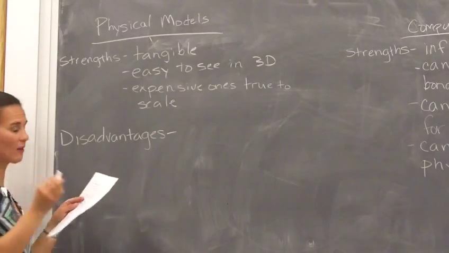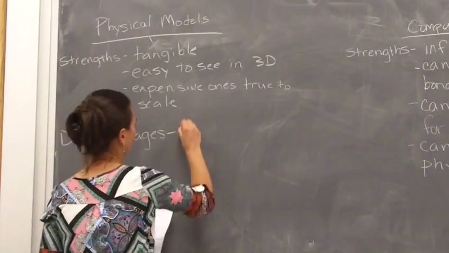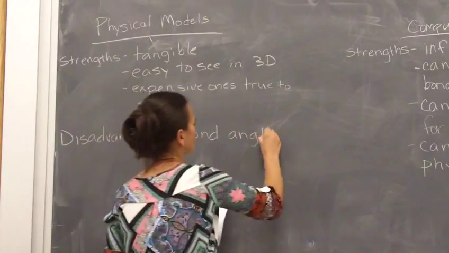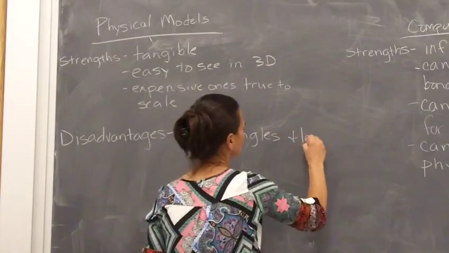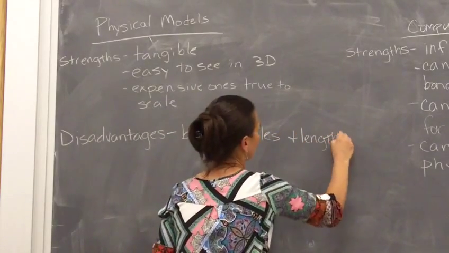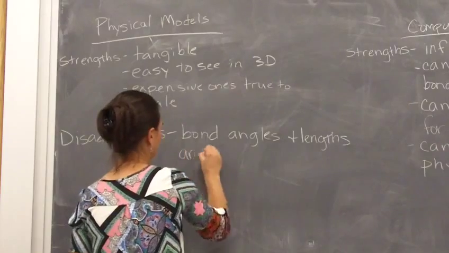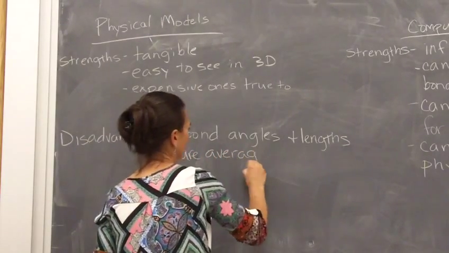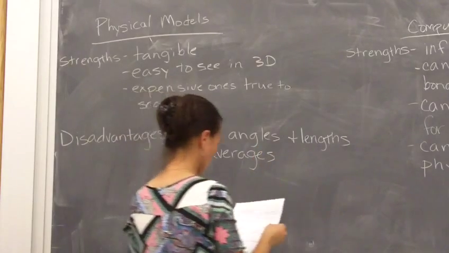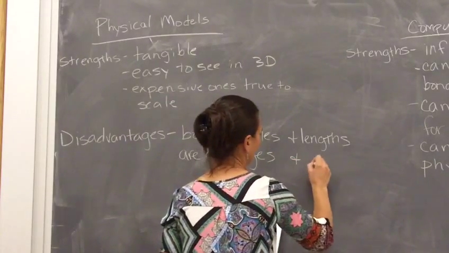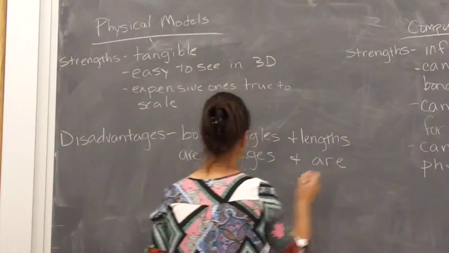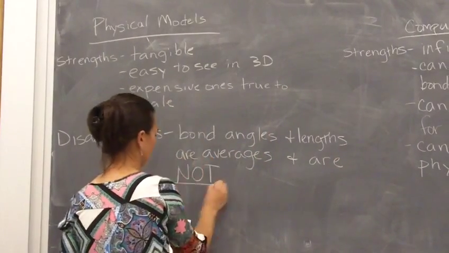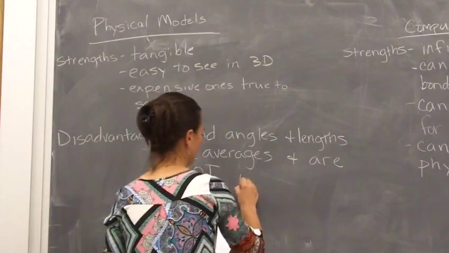You're not going to be able to make them bigger or smaller, and they are not usually molecule specific unless you buy the one, but then it's only for that molecule.